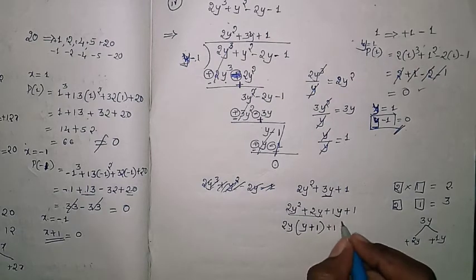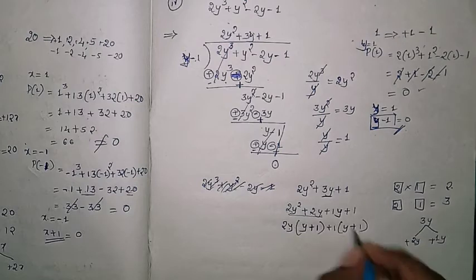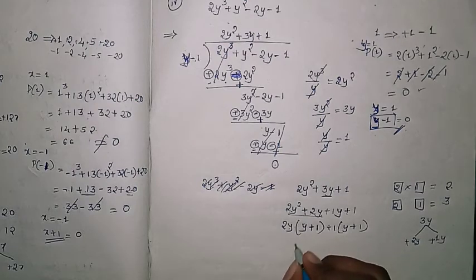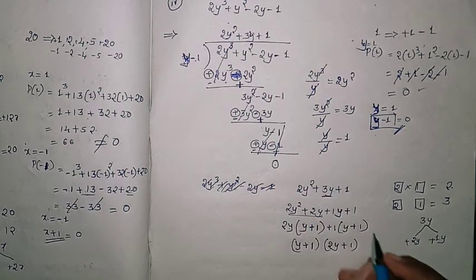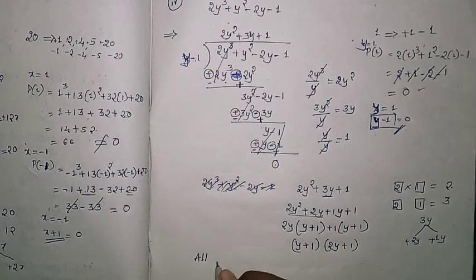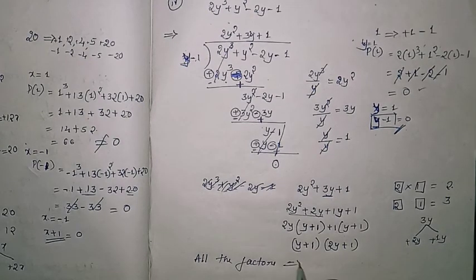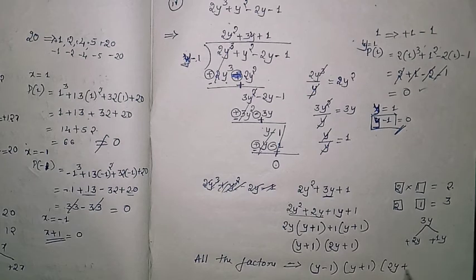So y plus 1 is remaining. So the factors we got, y plus 1 in one bracket, and outside, in another bracket, 2y plus 1. So from this we can write all the factors as, first one is y minus 1, second y plus 1, and 2y plus 1.